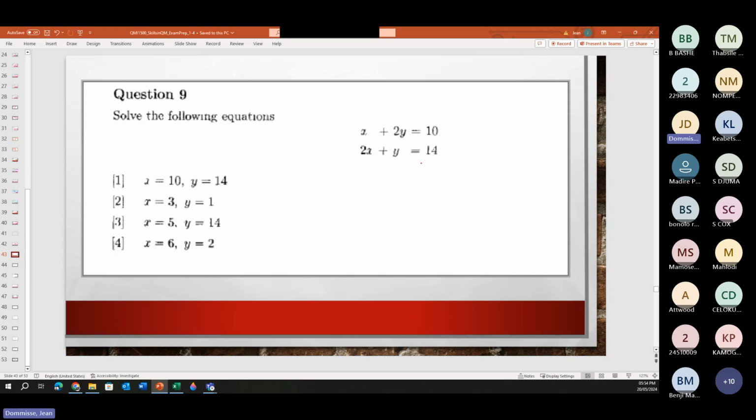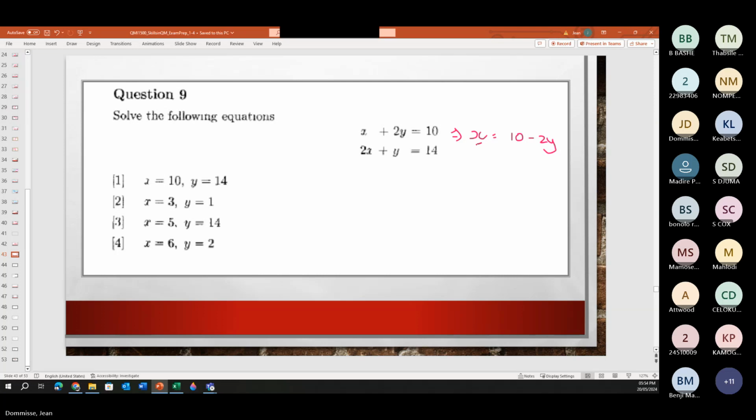Another way is to say, I've got x here, so all that I'm going to do is write that x is equal to 10 minus 2y. So all that I did was I brought the 2y over to the right-hand side.